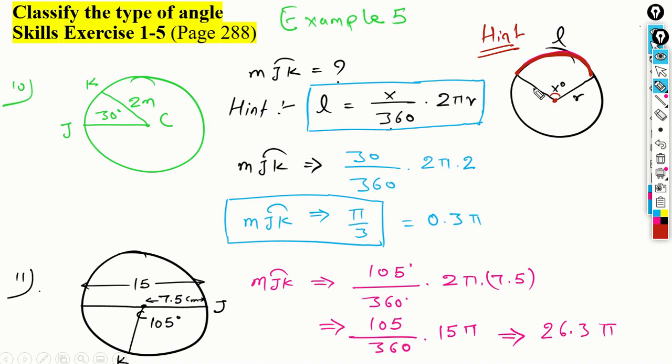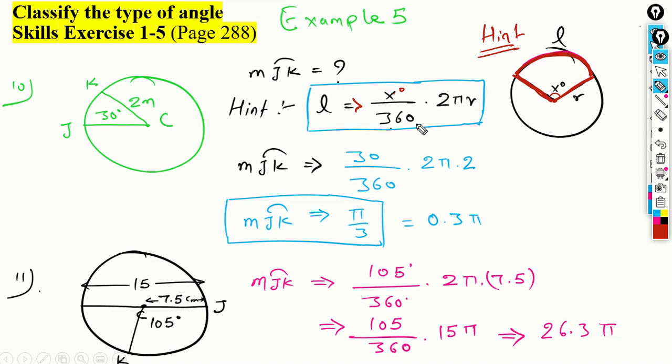So how do we find this? Now I don't have time for explaining how does that work, but you can directly remember the formula. The arc length is equal x, which is your angle, divide 360, because total is 360, multiply with 2 pi r, because the circumference of a circle is 2 pi r.